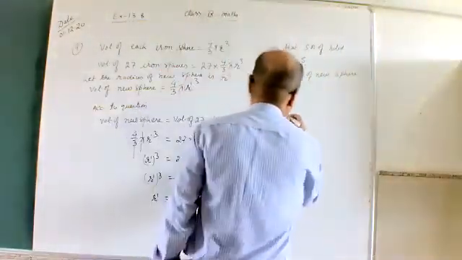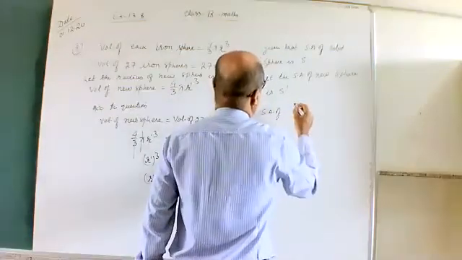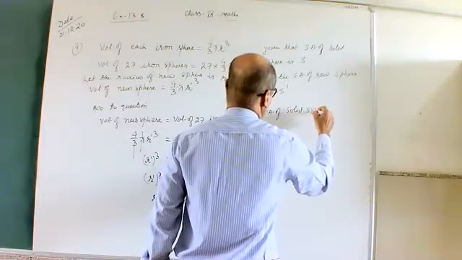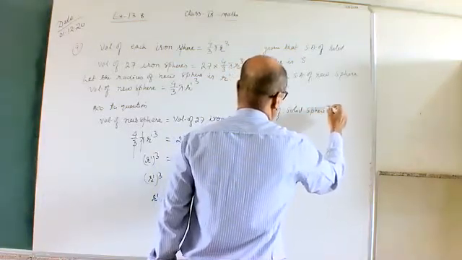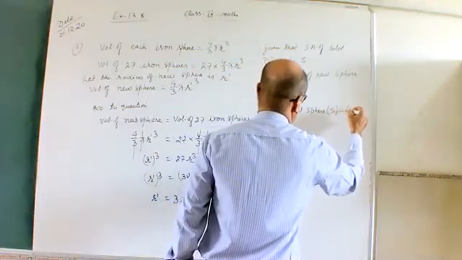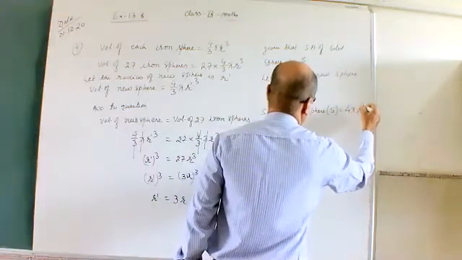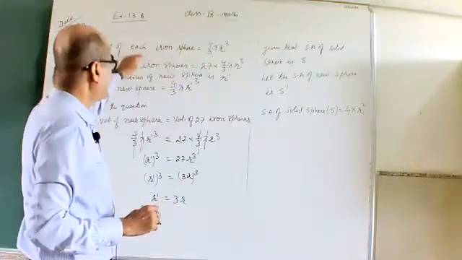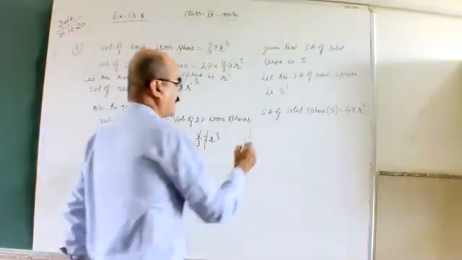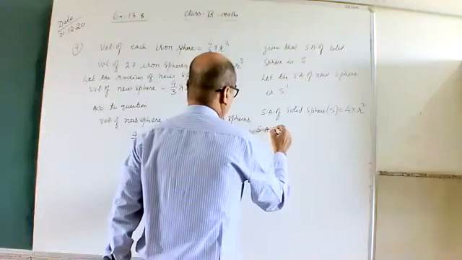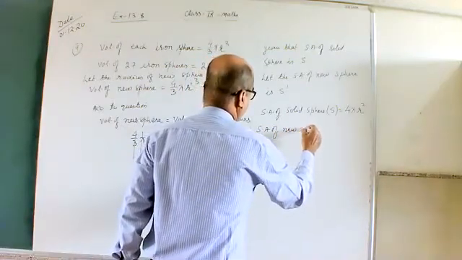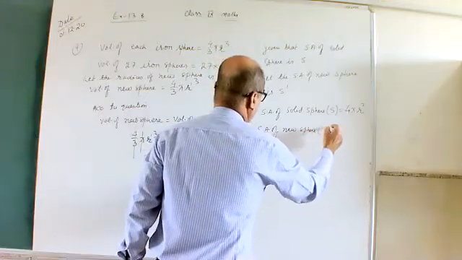The surface area of the solid sphere will be S. S will be equal to 4 pi r square, because the radius of this sphere is smaller. And the surface area of the new sphere is S dash.